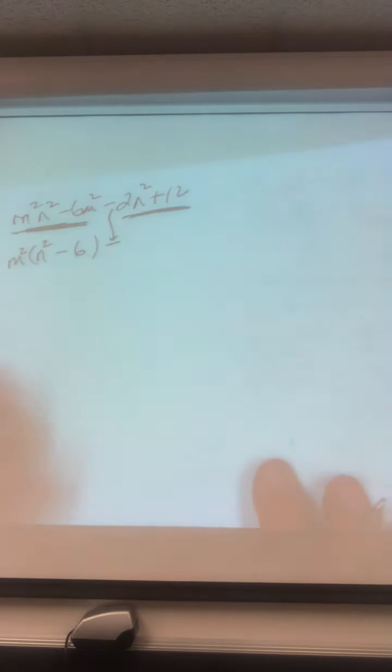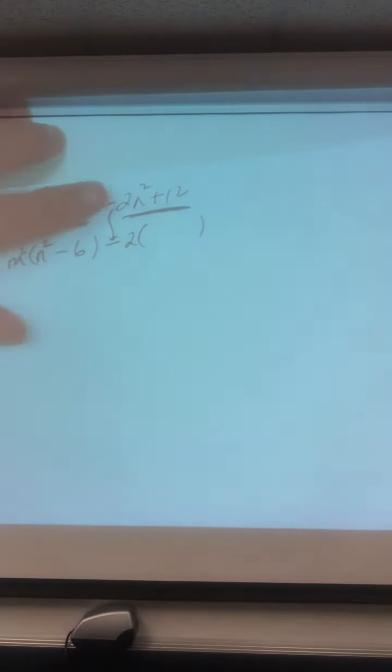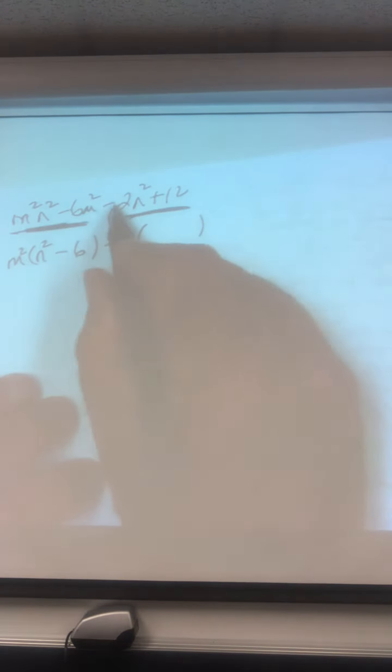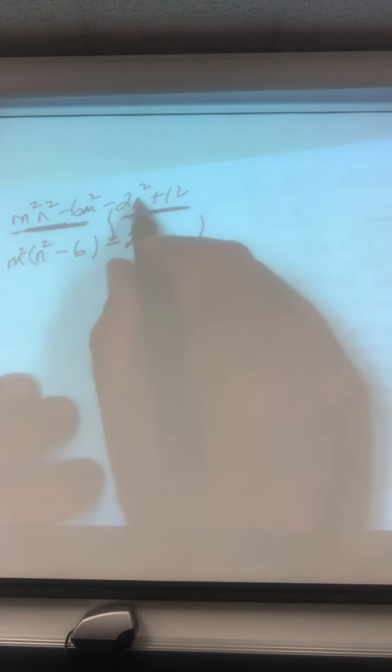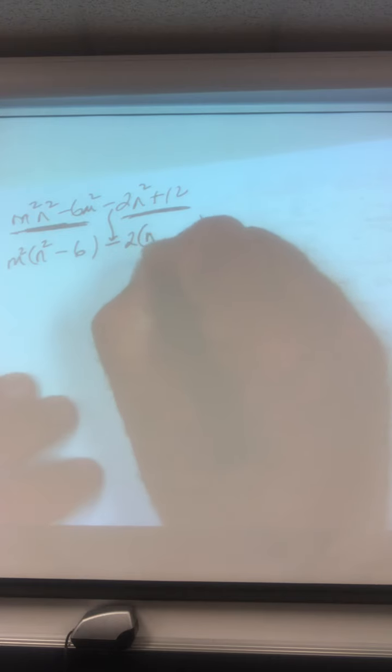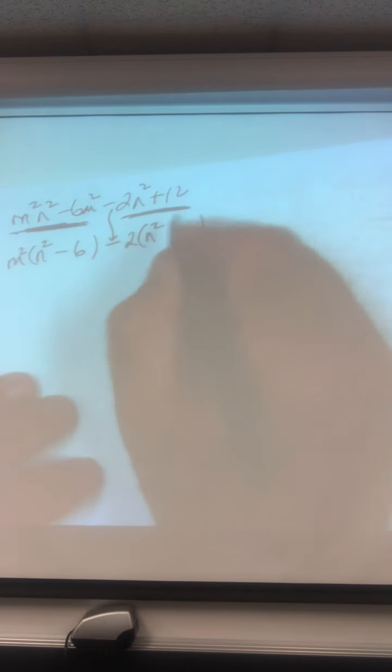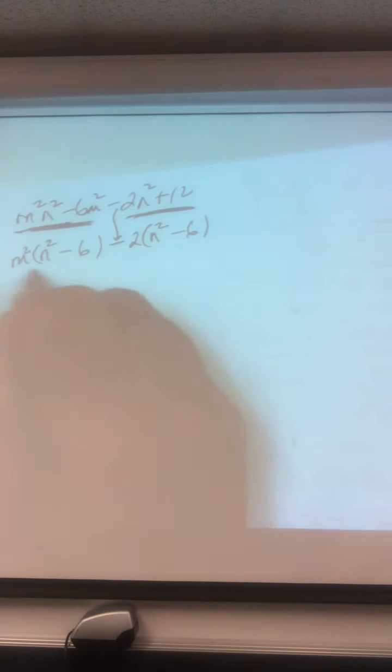Now the GCF in the second group is 2. Remember now, you're not dividing by 2, you're dividing by negative 2. So negative 2 into negative 2n squared would be plus n squared. And negative 2 into a positive 12 is minus 6.